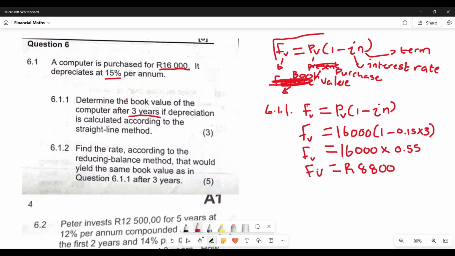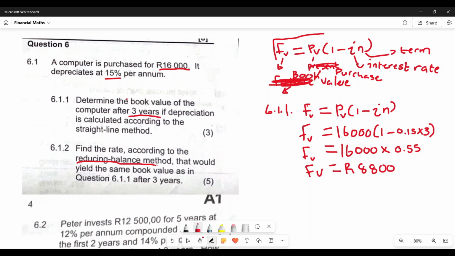So if we read the question, it reads as follows: find the rate according to the reducing balance method that would yield the same book value as in question 6.1.1 after 3 years.